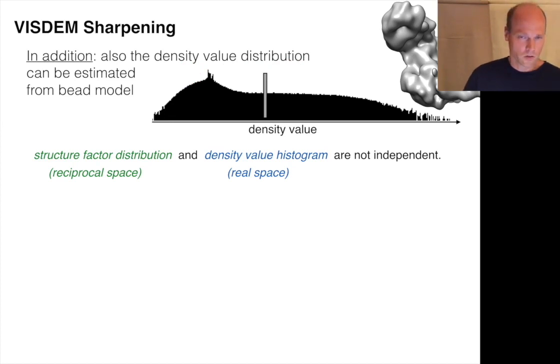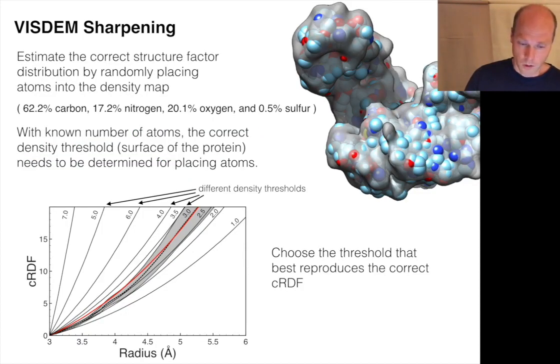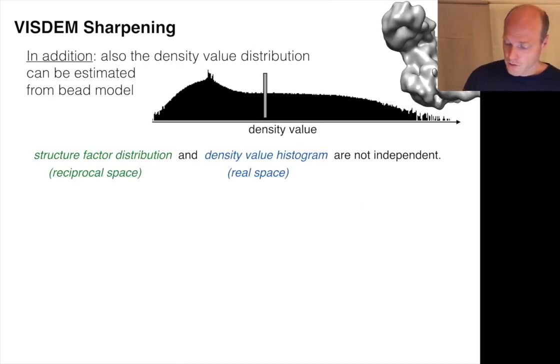Because that's something that's also, in your reconstruction, not exactly ideal, but our estimate here, and we call this a bead model because we throw in just beads or pseudo atoms, gives us also an idea of the density value distribution.